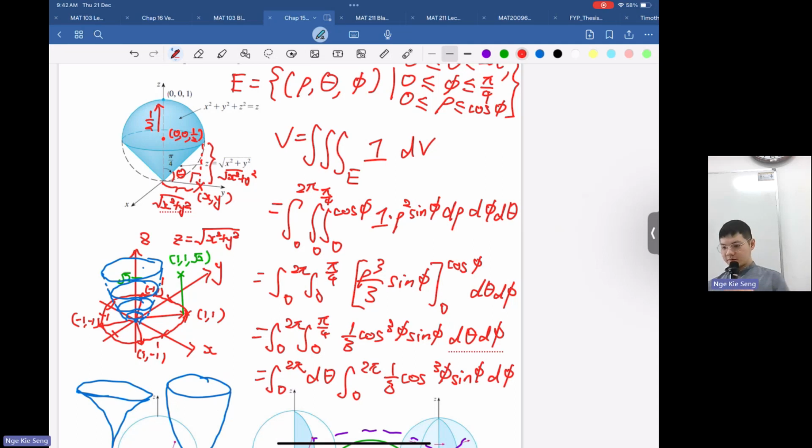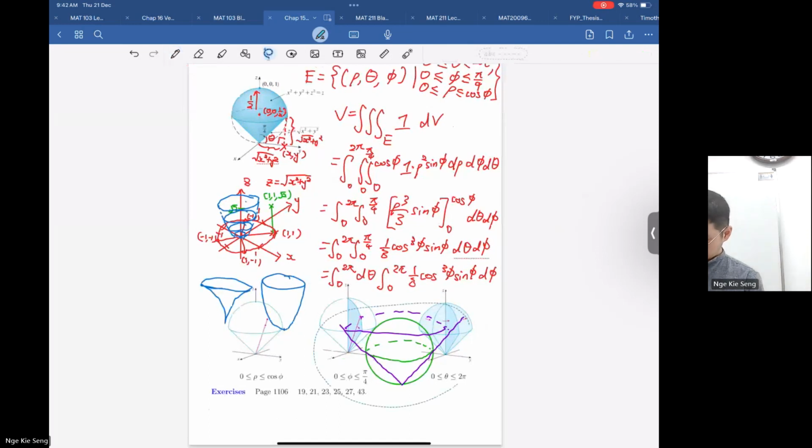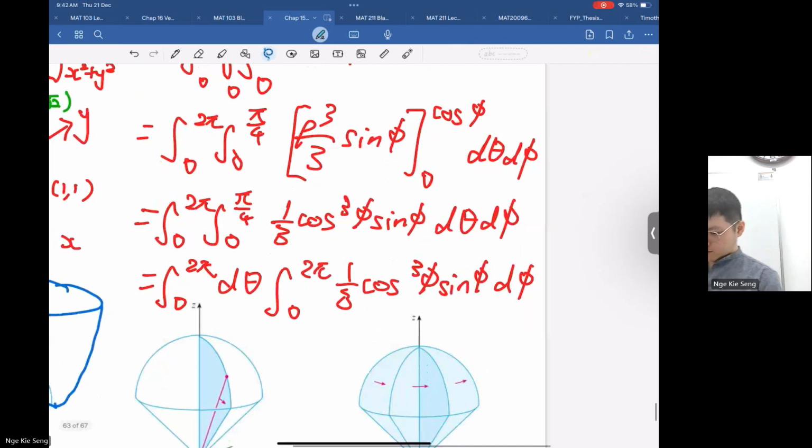Do you remember how to integrate it? Integration by parts, or substitution.